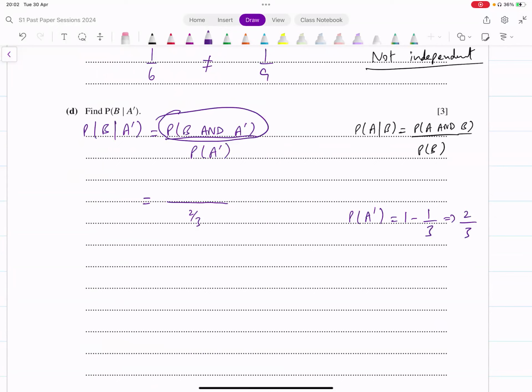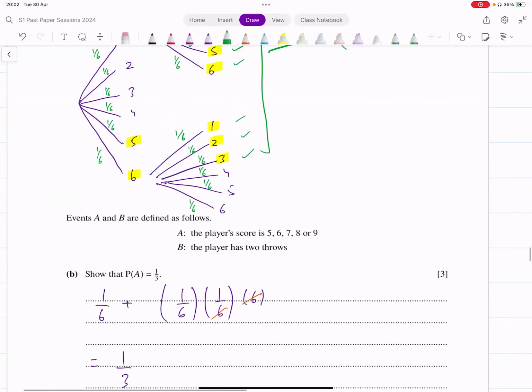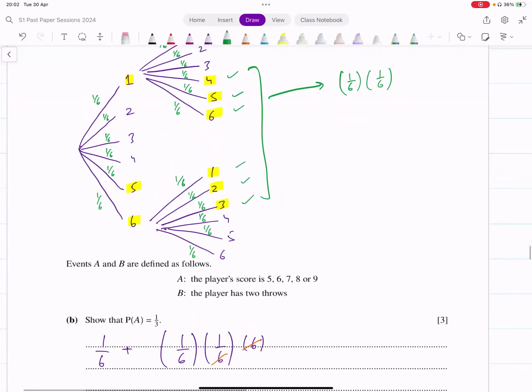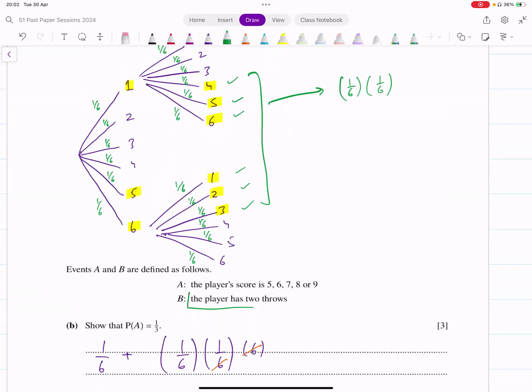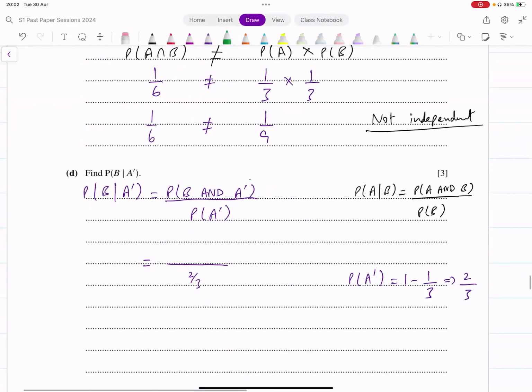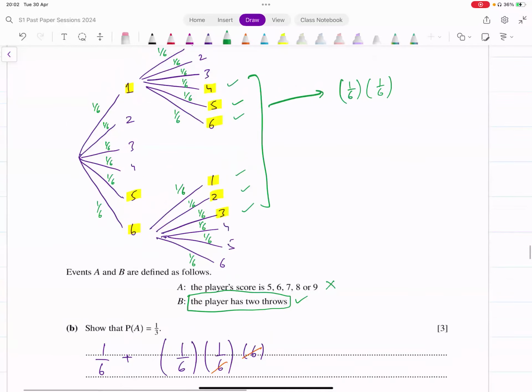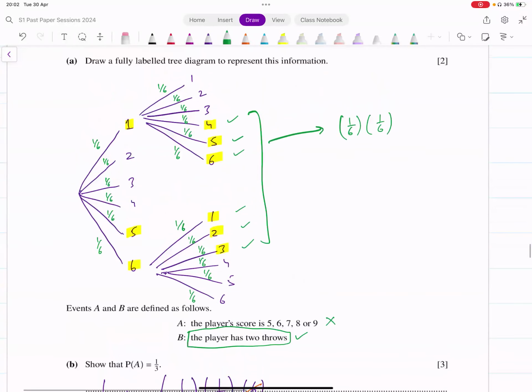Where both of these things are true, that B is true and A is not true. Let's think about this. The player has 2 throws, but the score is not one of these numbers. So it should satisfy condition B, but not condition A. That's what B and A complement means.